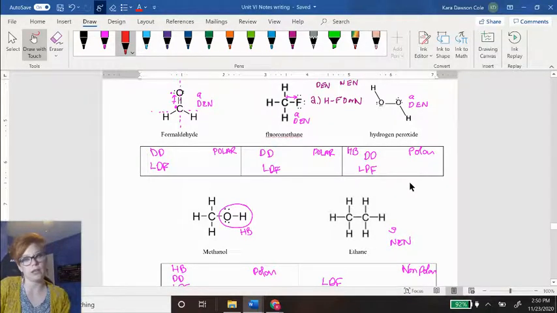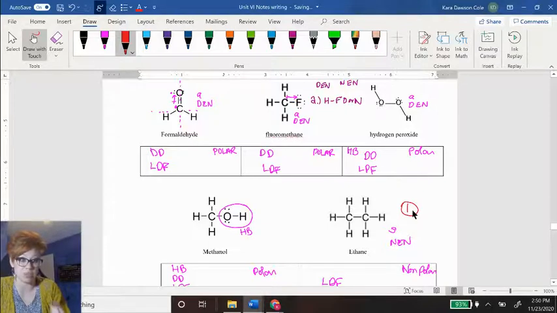So he would be number 1, because he's nonpolar. He's going to be the first one to melt or boil, depending on what we're looking at. And again, we are ordering these in order of increasing melting point, so he's going to melt first.